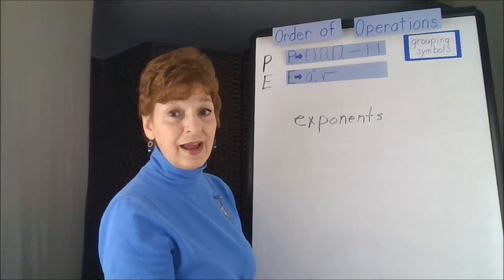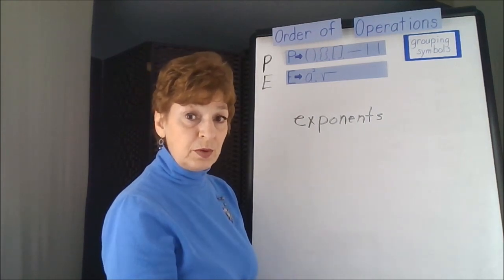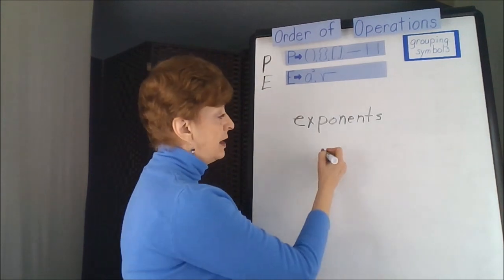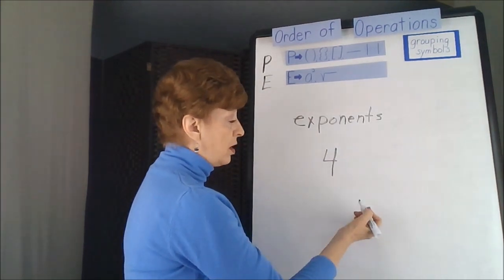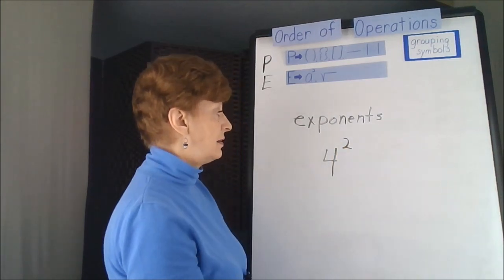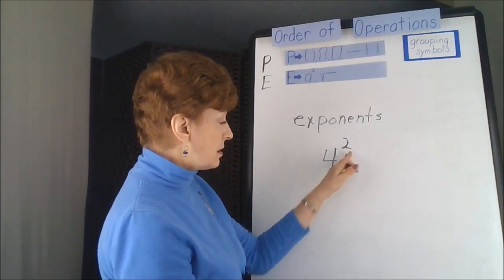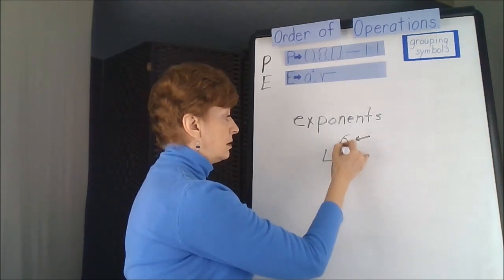Not all problems have exponents, but the higher you get into math, the more you will come across a number that, for example, is 4 and has a small number above it, kind of above and off to the side. And this is called an exponent.